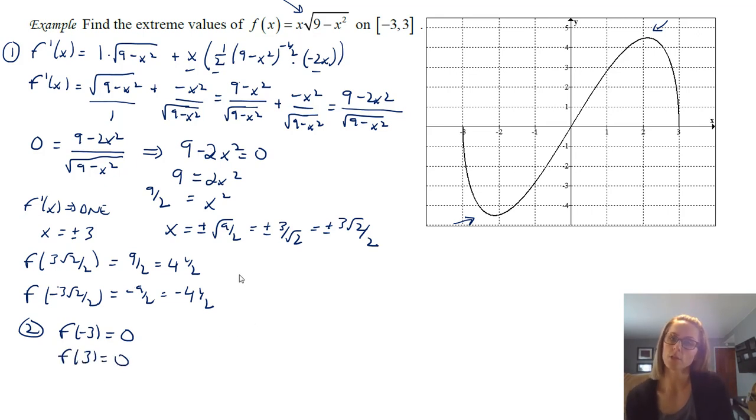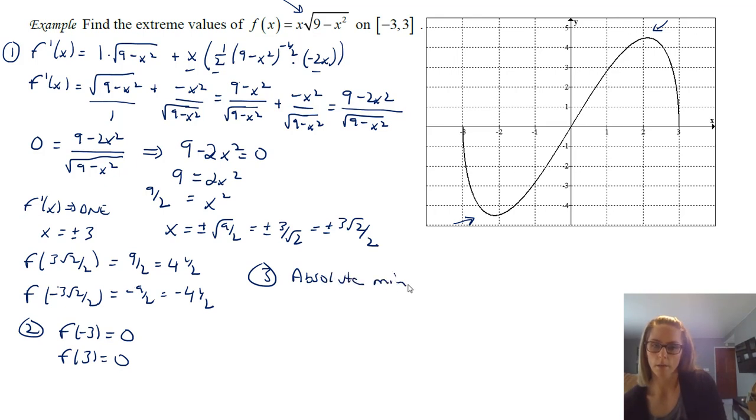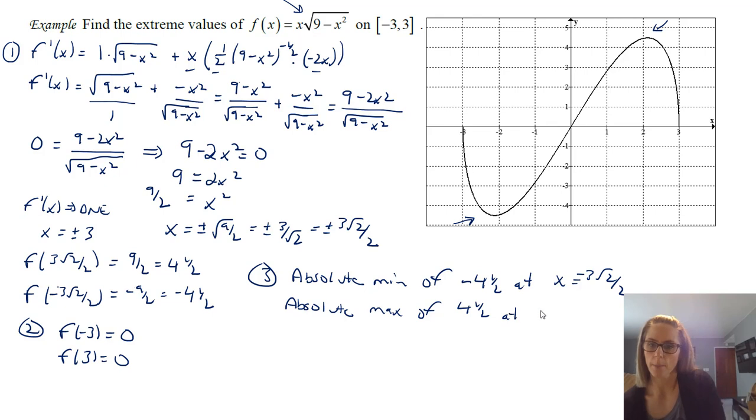So in this case, and we can see this from the picture, but again, you don't need the picture, we have an absolute min of negative 4.5, we want the smallest y value, and that occurs at x equals negative 3 root 2 over 2. And then an absolute max of 4.5 at that positive value, x equals 3 root 2 over 2.